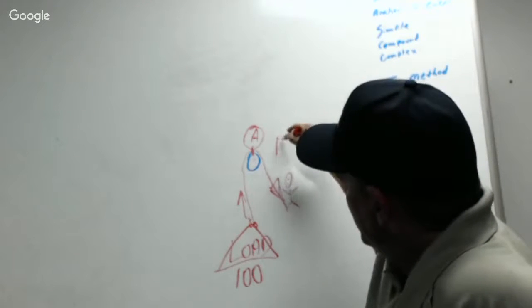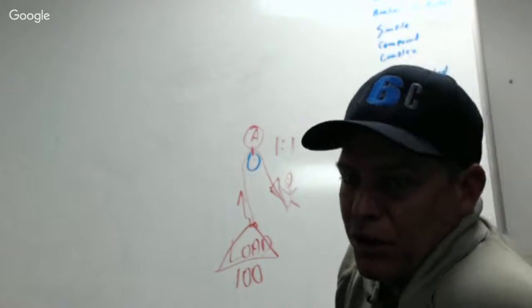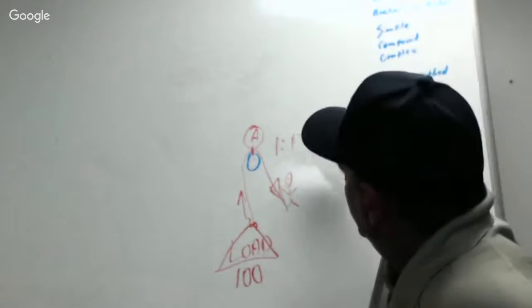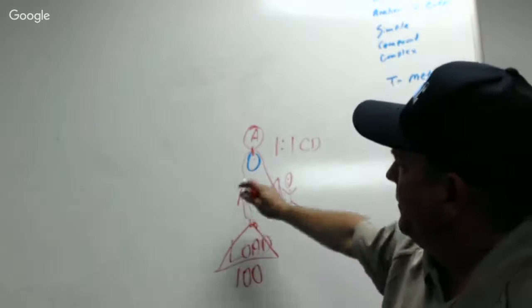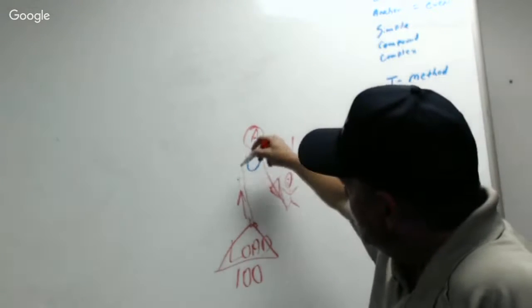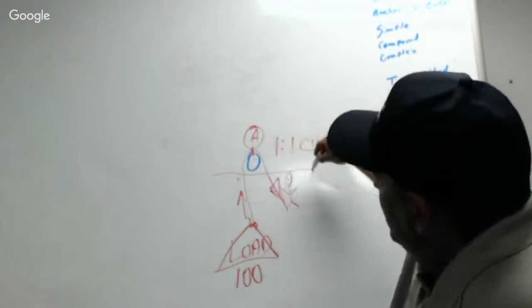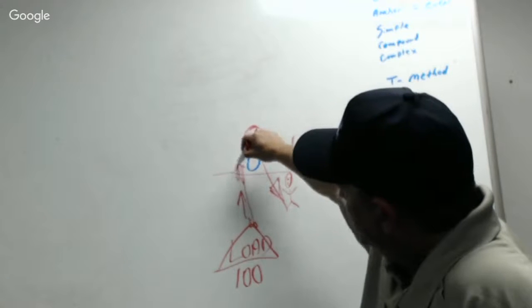So this is a 1-to-1. There's really no mechanical advantage, but you are getting a change of direction. So that's your only positive. Say this is a cliff, he can't so much pull this way.